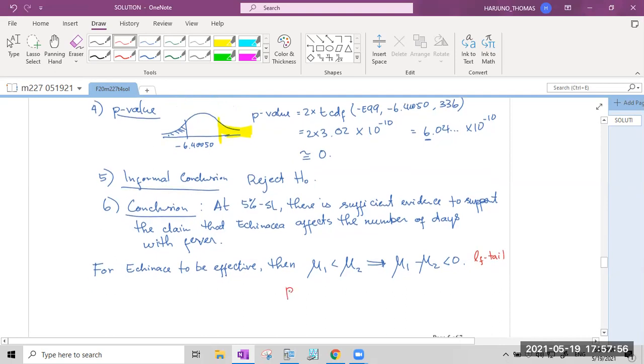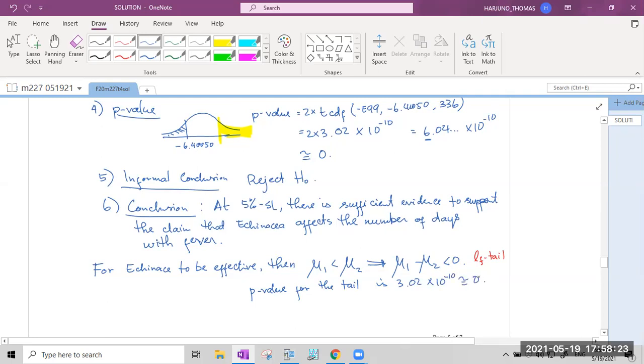Now the p-value for that tail, according to our computation, is 3.02 times 10 to the negative 10, which is effectively 0.